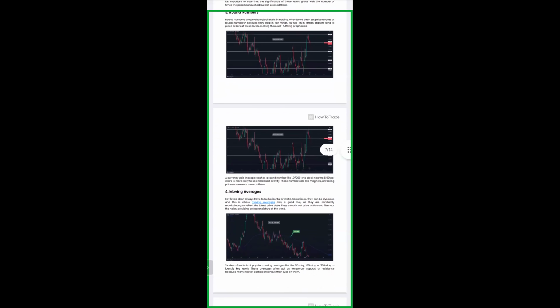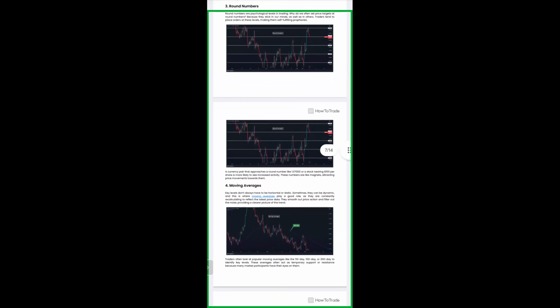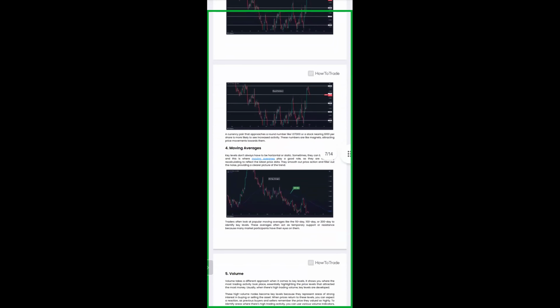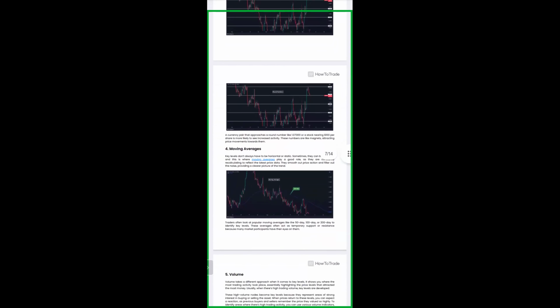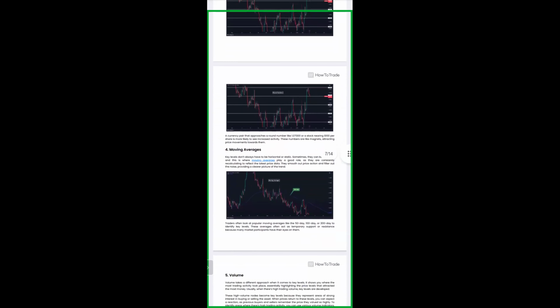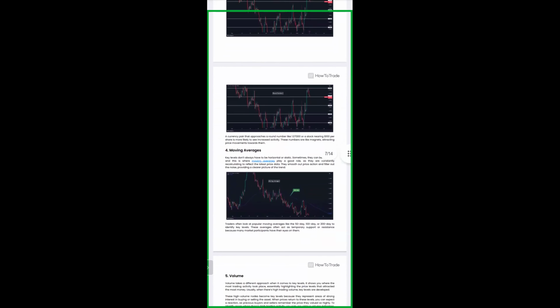Then another way to identify key levels is the use of moving averages. There are so many types of moving averages, but some of the most popular ones are, for example, the 50. We have also the 200, whereby these act as dynamic support and resistance levels.